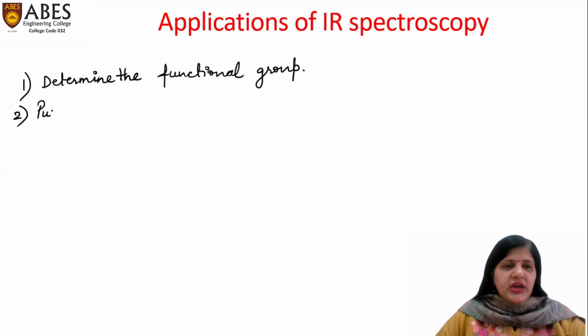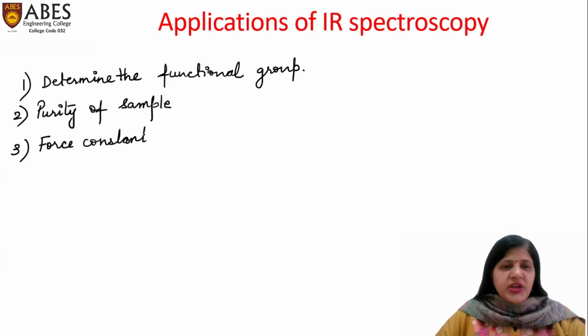We can determine the purity of the sample by using IR spectroscopy. We can determine the force constant of a bond. This force constant of the bond provides information about the stiffness of the bond and the strength of the bond. We can determine the hydrogen bonding with the help of IR spectroscopy.